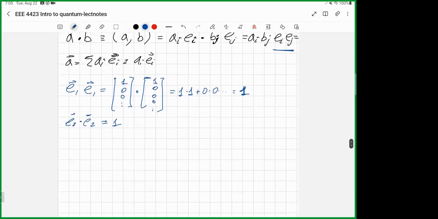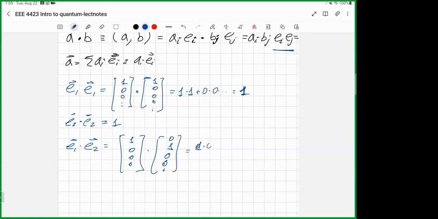But what if we have different indices? For example, e_1 times e_2, right? These two vectors will be 1, 0, 0, 0, 0 times 0, 1, 0, 0, 0, 0. So in this case, it will be 1 times 0 plus 0 times 1 plus 0 times 0, etc. So it will be 0.